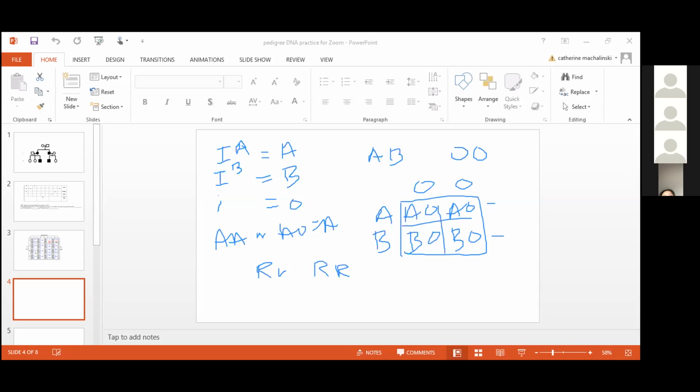Yes, exactly. So if you have an AB parent and an O parent, they will not produce any type O children.